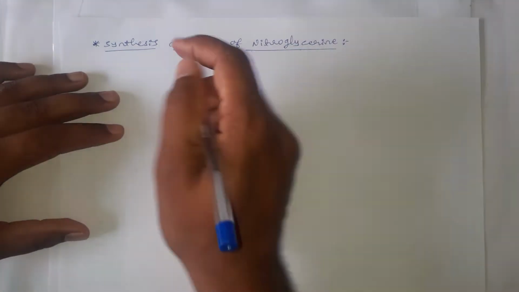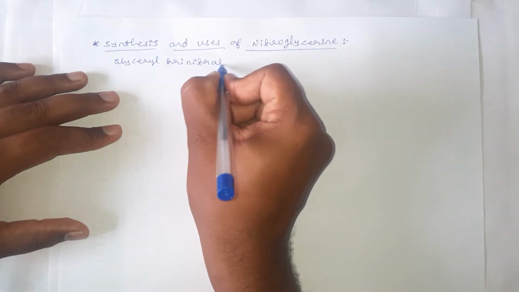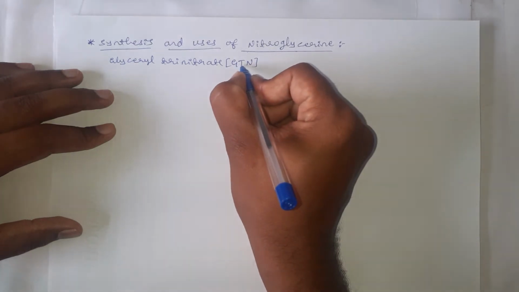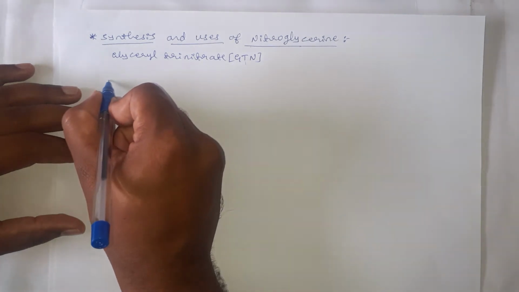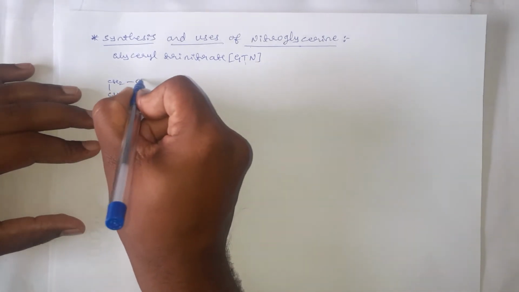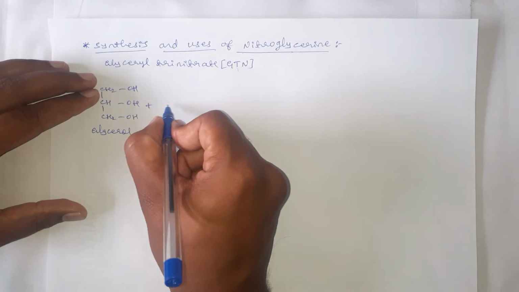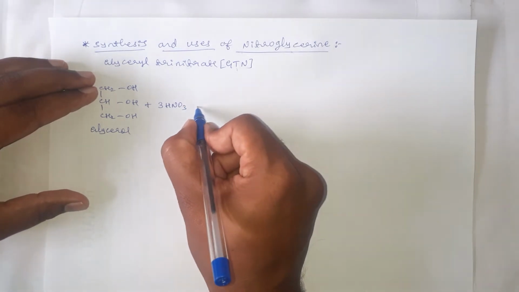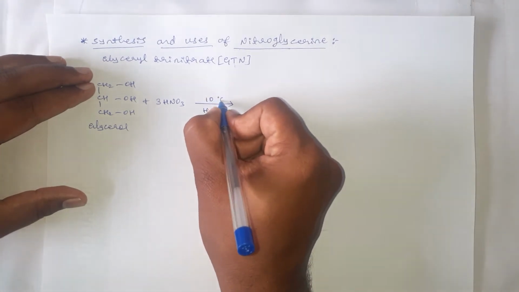This nitroglycerin is also called glyceryl trinitrate, which we can write in short as GTN, and it can be synthesized by treating glycerol, CH2OH-CHOH-CH2OH, with 3 moles of concentrated nitric acid in presence of dehydrating agents like sulfuric acid at a low temperature of about 10 degrees Celsius.